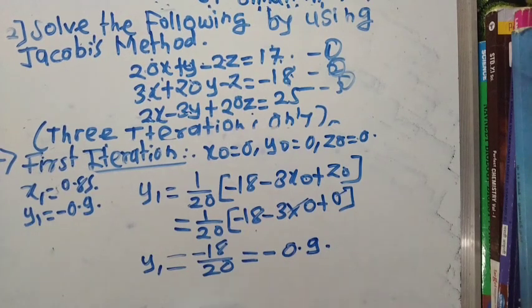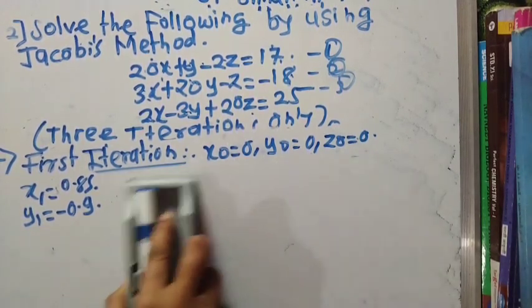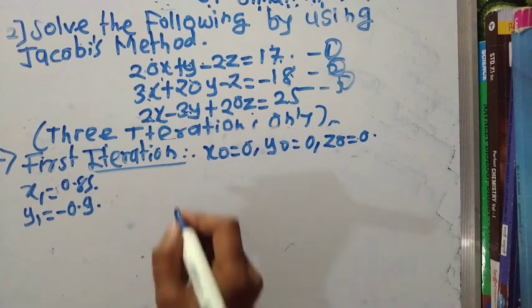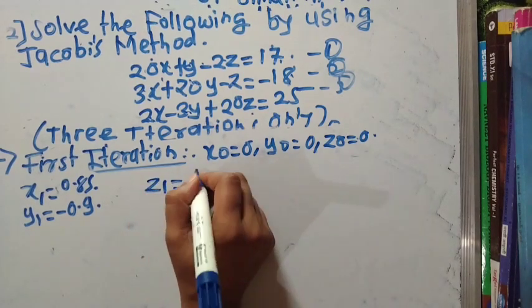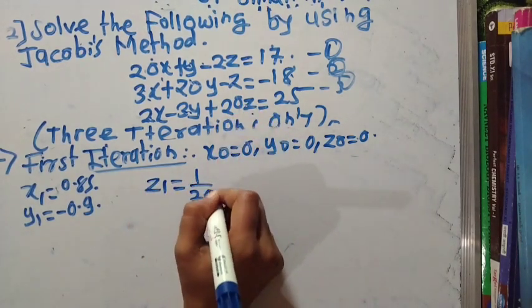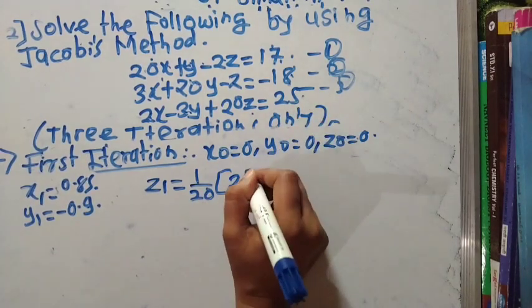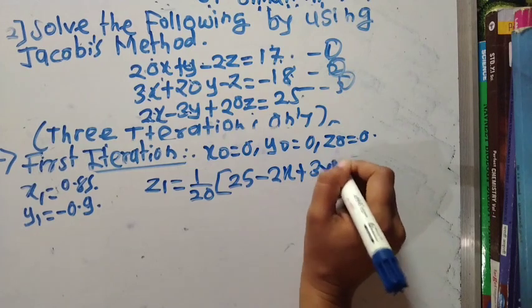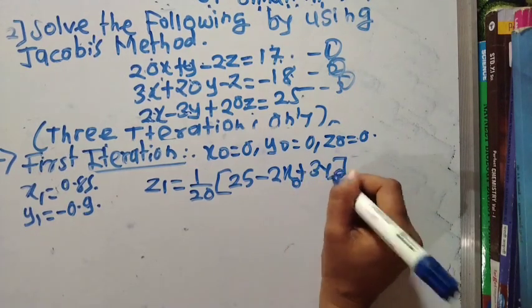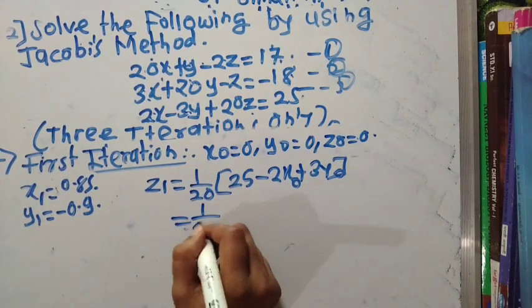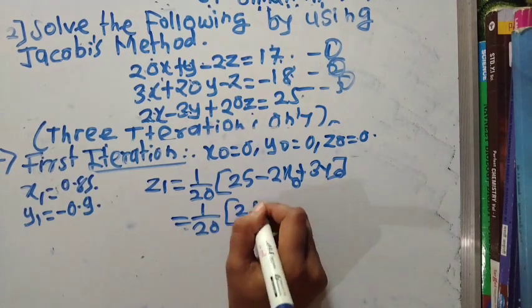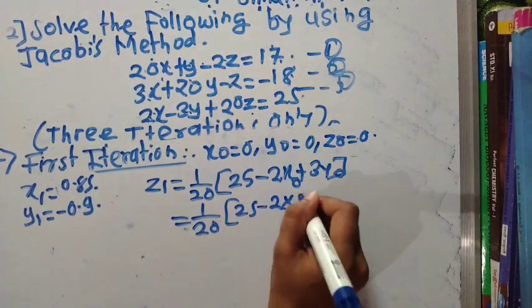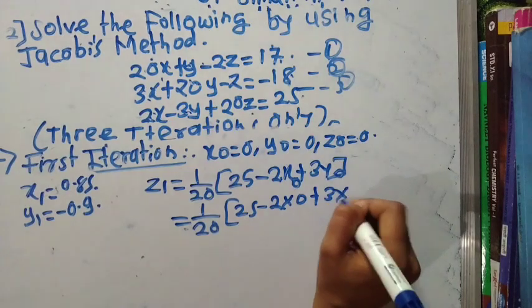Then find out z1. So z1 is equal to 1 divided by 20, 25 minus 2x0 plus 3y0. So 1 divided by 20, 25 minus 2 into 0 plus 3 into 0.